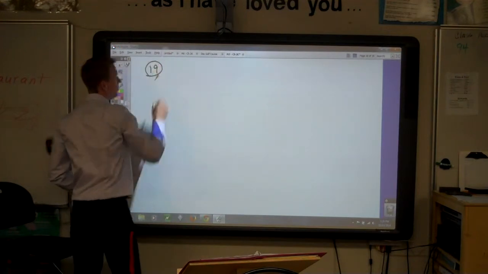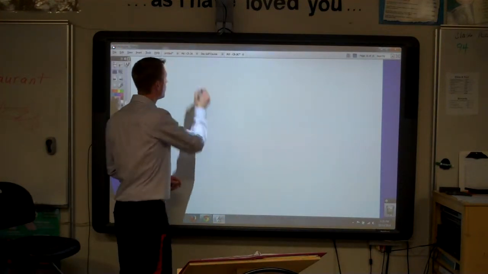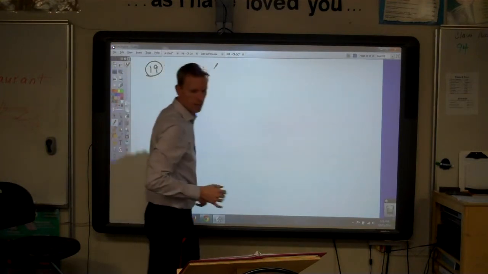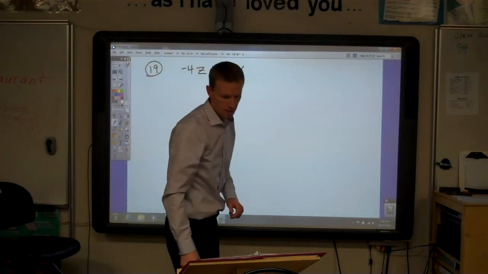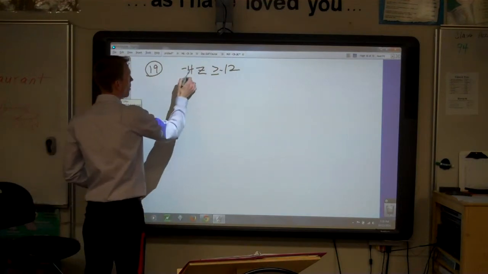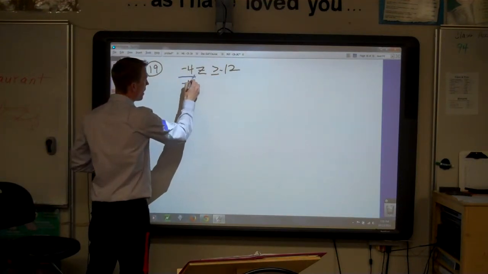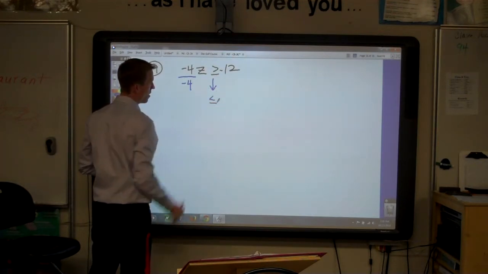Number 19. Negative 4z is greater than or equal to negative 12. So, here, negative coefficient, that means we have to divide by a negative and reverse the sign.